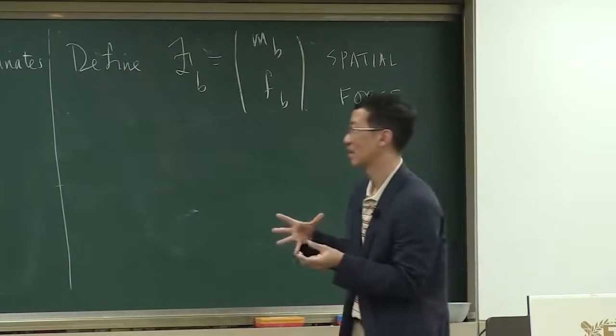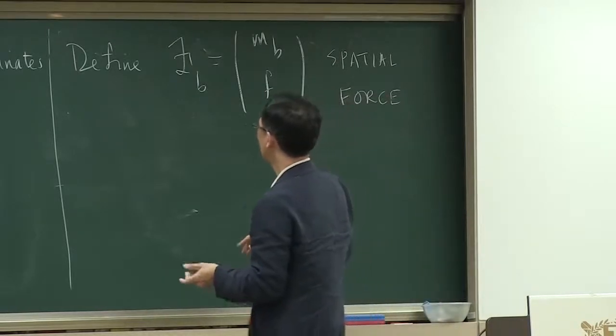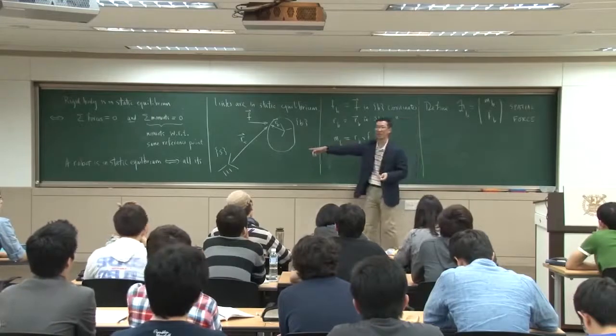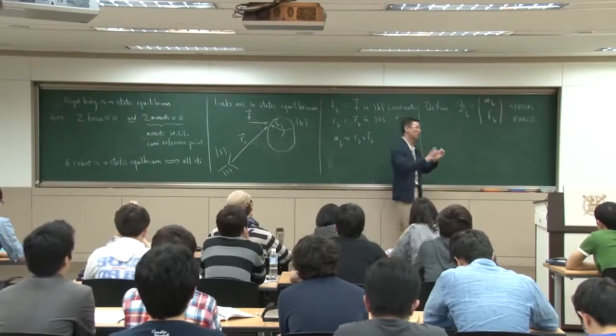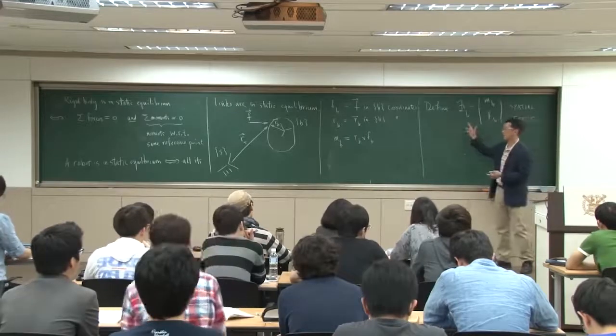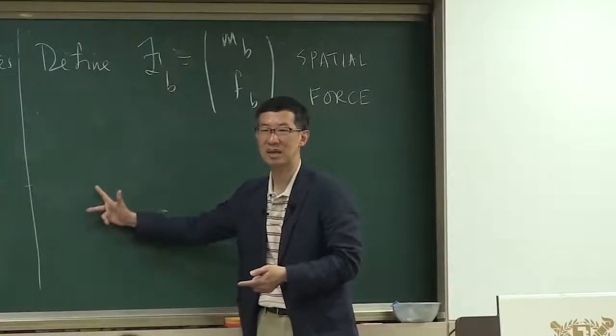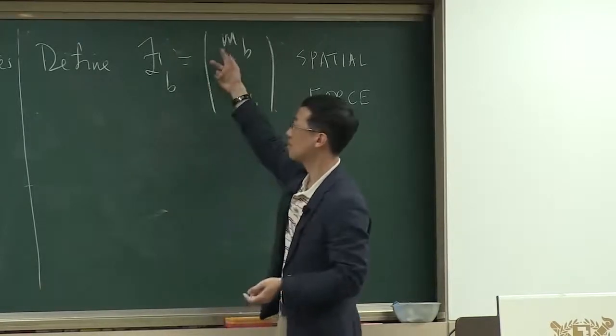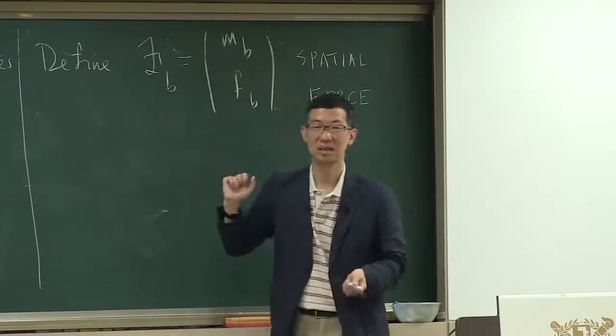Okay? All right. So suppose you have another reference frame. Okay, so now what do we need? We need to figure out, if we change reference frames, how do the equations change? How do the moments and the forces change?